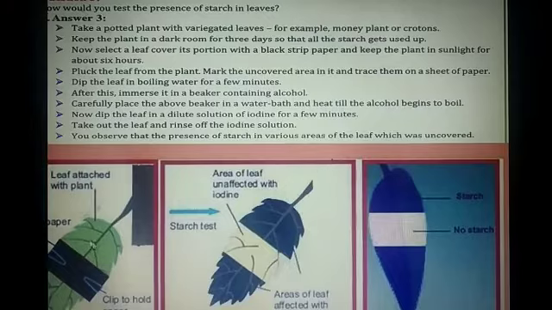Okay, so here you see, first of all what we do, we take the potted plant. Okay, then we cover one leaf with black strip paper. Okay, then we keep it outside.